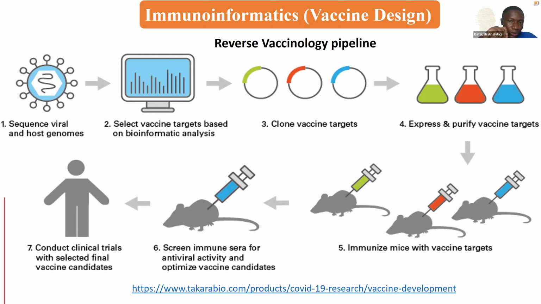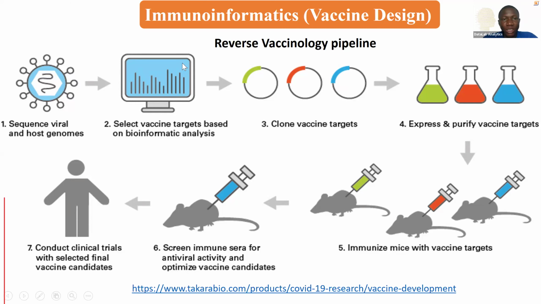After that, you send for synthesis and you clone the vaccine target. You express and amplify this vaccine target, and then you immunize mice with it. You see the level of antiserum activities. And if this is not okay, then you can go back to the step of optimizing this again.